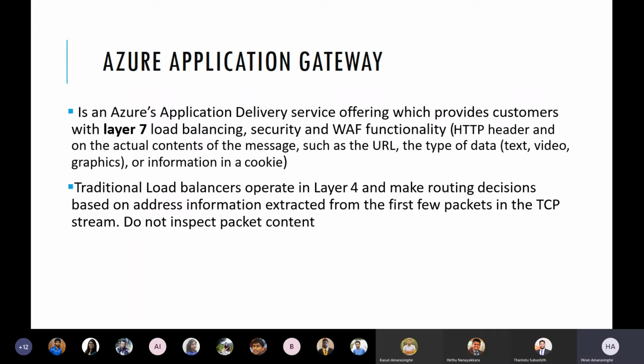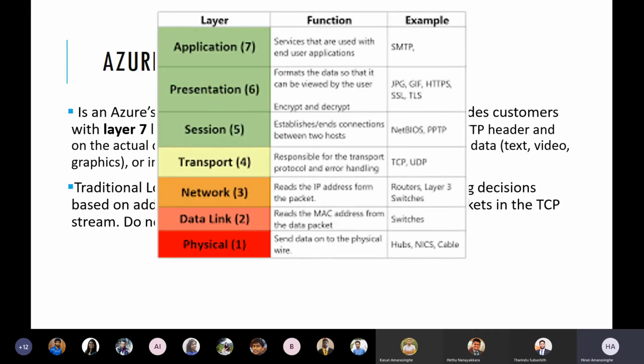However, layer 4 load balancers rely on hardware and proprietary software integrated into that hardware. Those days the software components were not that powerful. But now layer 7 load balancers are available, like application gateway, which operates in the application layer.